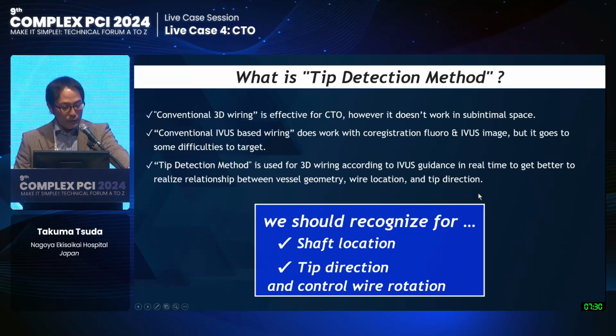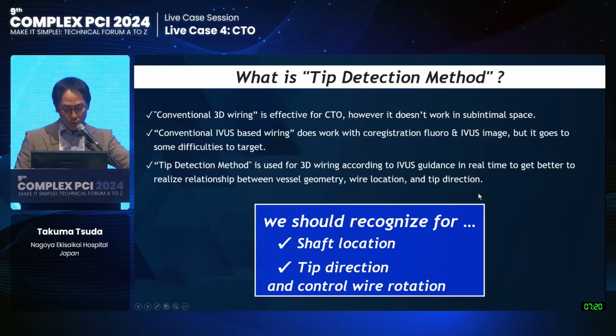Unlike conventional 3D guide wiring or conventional IVUS-based wiring, the tip detection method is used for 3D wiring according to IVUS guidance in real time. So we have to care about shaft location and tip detection and control wire rotation.